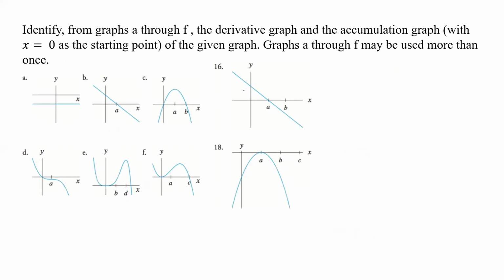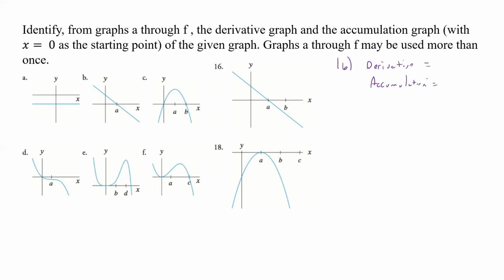So we're just starting at 0 of our graph. A through F may be used more than once, so we can use it here and here if need be. That's the case if you have 16, 17, 18, and probably 19. So let's do 16 first. We need a derivative and we need the accumulation.